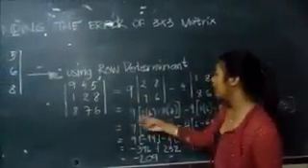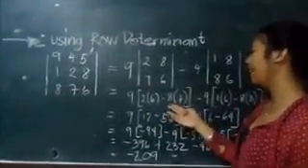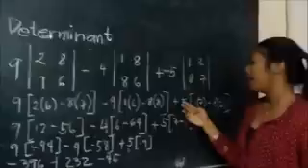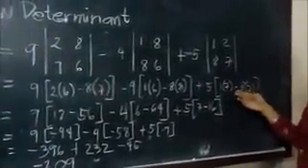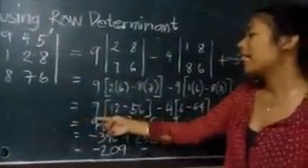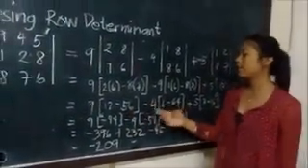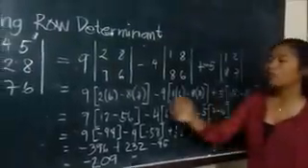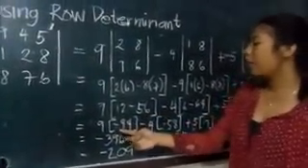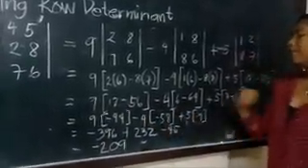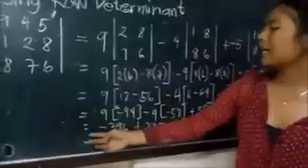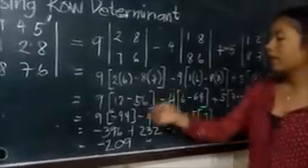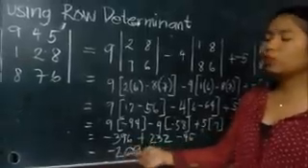So, we have 9 times 2 times 6 minus 8 times 7, minus 4 times 1 times 6 minus 8 times 8, plus 5 times 1 times 7 minus 8 times 2, which is equal to 9 times 12 minus 56, minus 4 times 6 minus 64, plus 5 times 7 minus 16, which is equal to 9 times negative 44, minus 4 times negative 58, plus 5 times negative 9, which is equal to negative 396 plus 232 minus 45, which is also equal to negative 209 as the determinant.